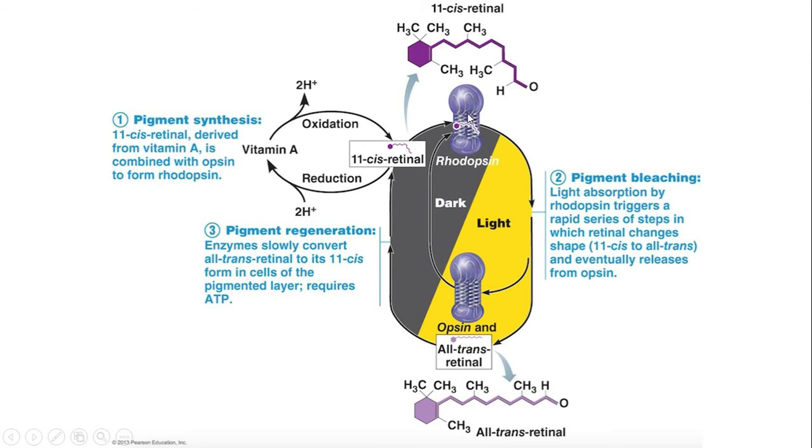And then once photons are absorbed, once light energy is absorbed, there's a series of steps in which the retinal will detach from the opsin, but then we get the other isomer here, which is called all-trans retinol. So the two isomers you are responsible for are the 11-cis retinol, which is while in the dark, as you can see here, and then the all-trans retinol, which occurs when in the light, when light energy is absorbed.